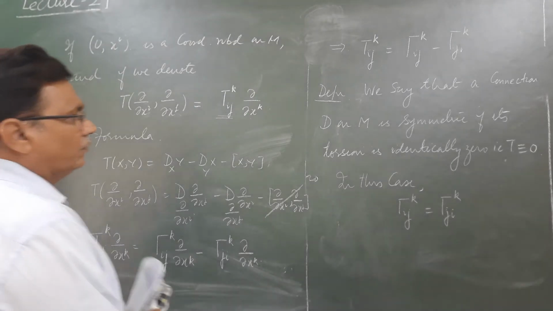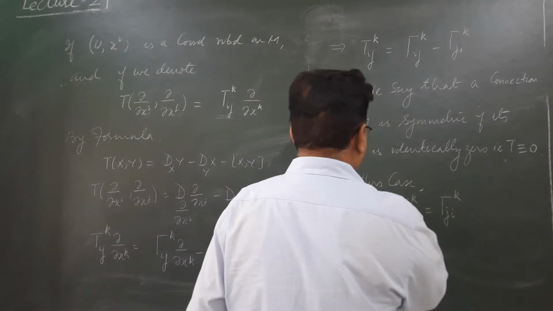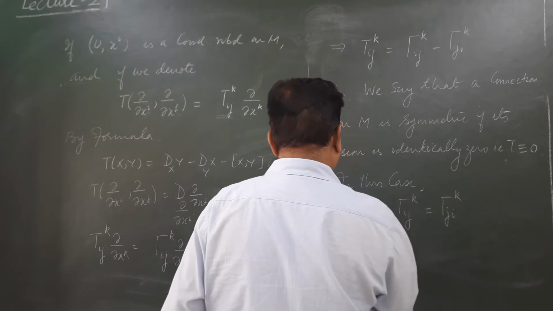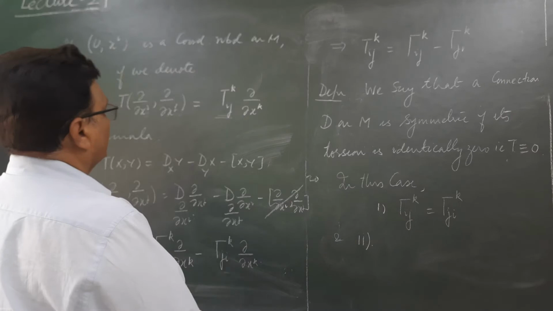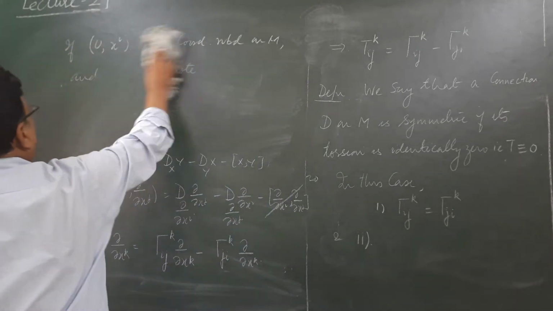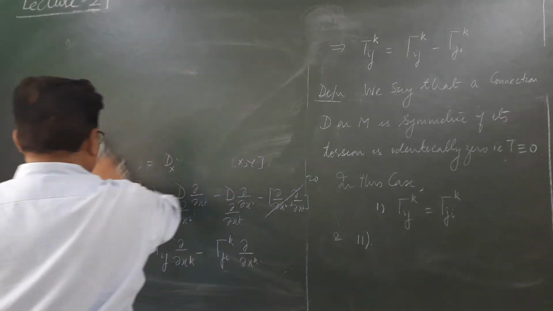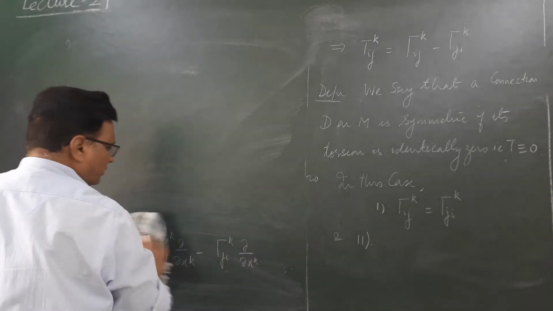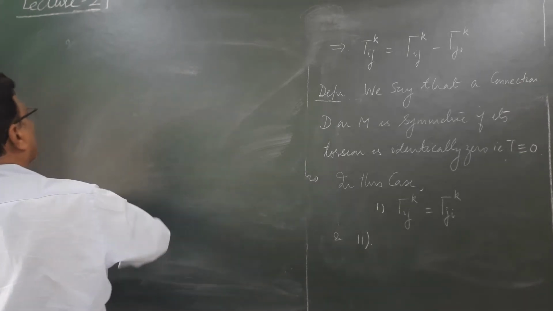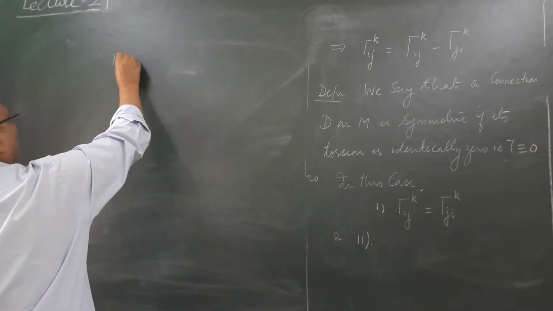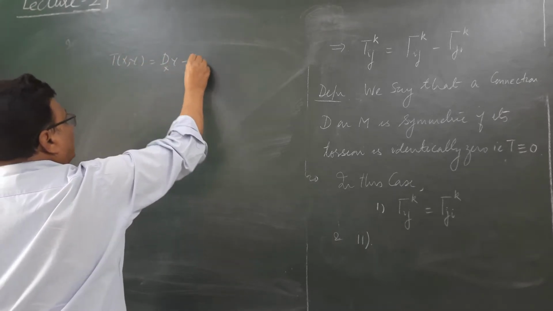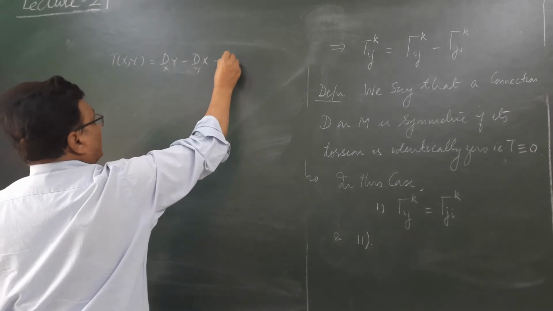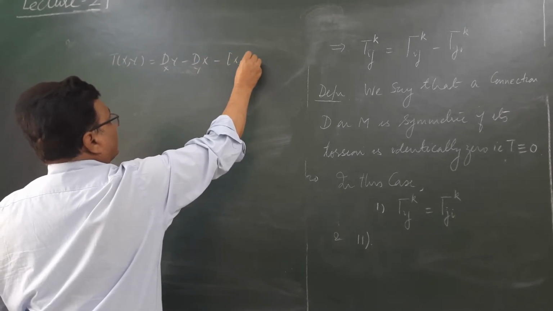And one thing more, in this case, number 1, this will happen, and number 2, what will happen? If you look at formula number 1 of the torsion, T(X, Y) is equal to D_X Y minus D_Y X minus Lie bracket [X, Y].